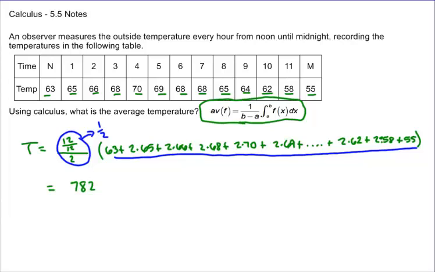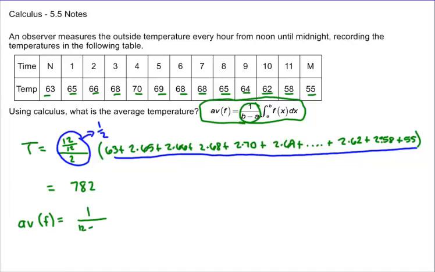Well, how many different pieces of area are we looking at? So now we need this 1 over b minus a part. So for the average of f, we're going to have 1 over b minus a times T. So I stopped at 12 noon.